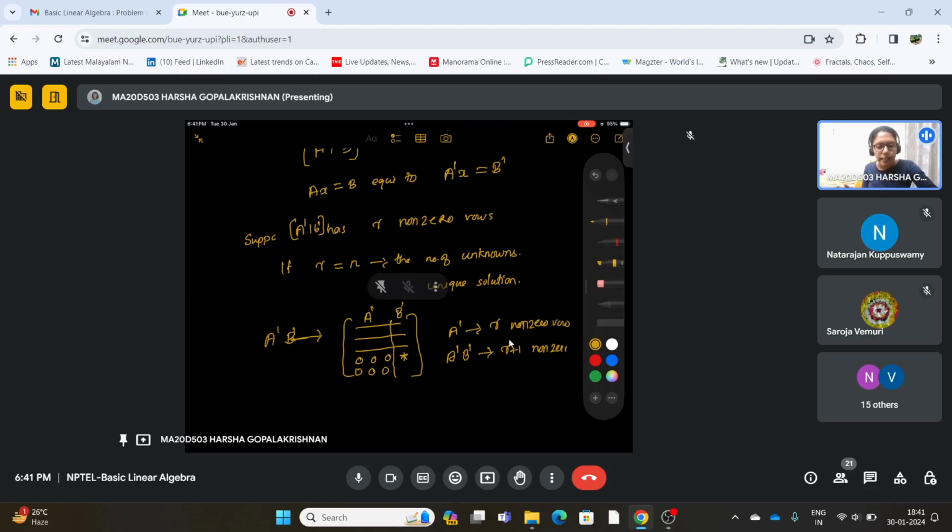In that case, we will have an inconsistent system. What does that mean? The system does not have a solution. If A dash B dash is in this form, we write the equation as A dash x equal to B dash. The equation corresponding to this particular row will be 0 x1 plus etcetera plus 0 xn equal to that non-zero entry.